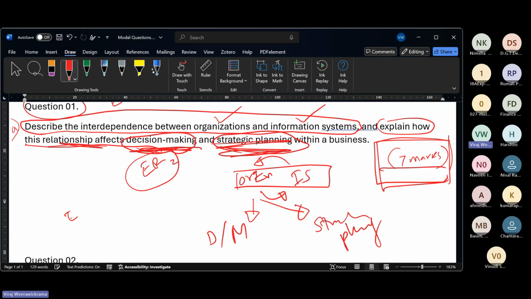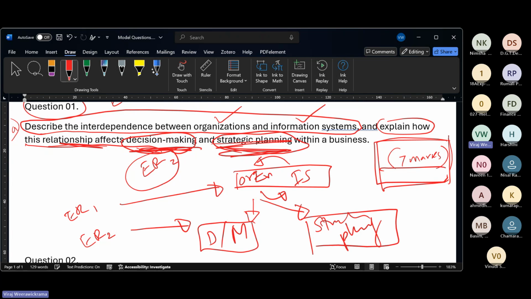For ER1, you have to explain the organization and information systems interdependence. Then as ER2, you have to explain how this interdependence affects the decision making of the organization and the strategic planning of the organization. These are the 2 areas you have to identify. Without understanding this point, you cannot start the answer.